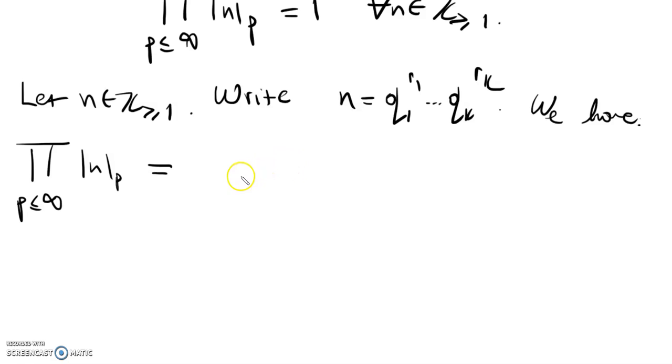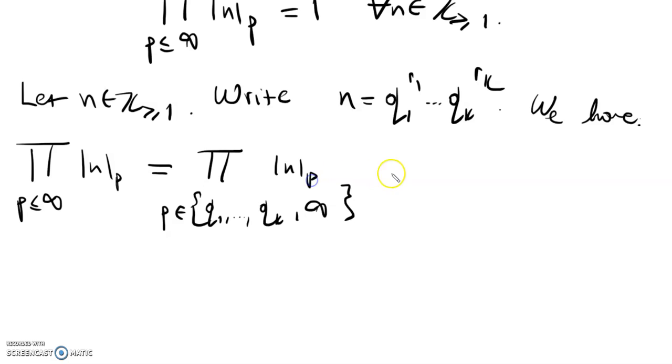And therefore the absolute value of n with respect to that prime p is going to be 1. These ones in this product are not going to affect it. Therefore we can write that this is equal to this expression over here.